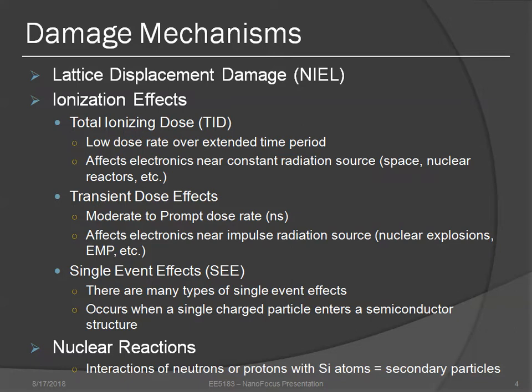Those can get broken down into a number of different effects that we'll briefly look at in a minute. And then finally there's your nuclear reactions, which are interactions between a silicon atom and neutrons and protons, which create secondary particles, which then create more lattice displacement damage or ionization effects. We're not going to look at nuclear reactions much in this presentation, but just so you're aware.